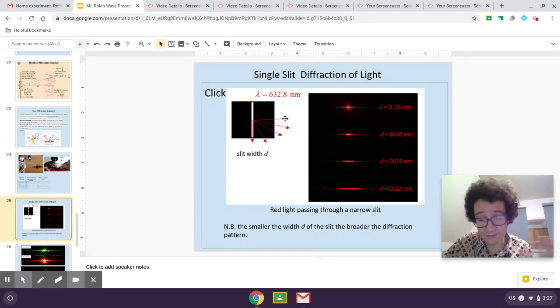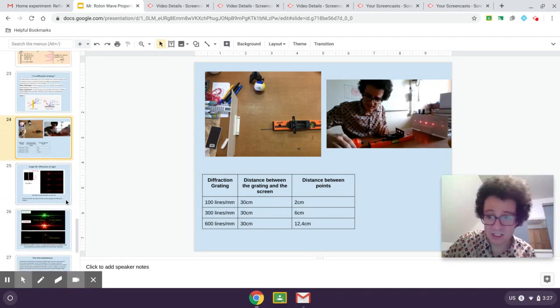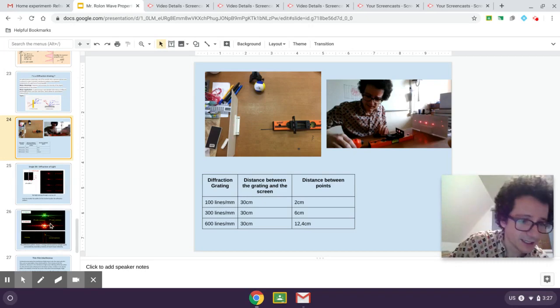Let me know. Of course, I don't have a perfect eye, so my measurements of the distance are not perfect. Let me know more or less which values you get at the end.